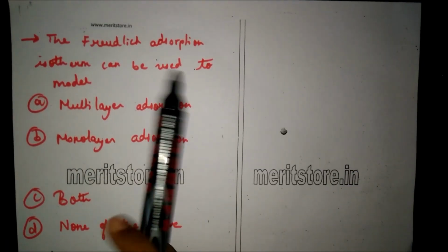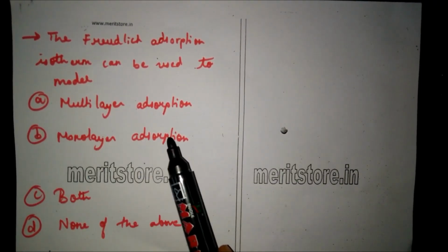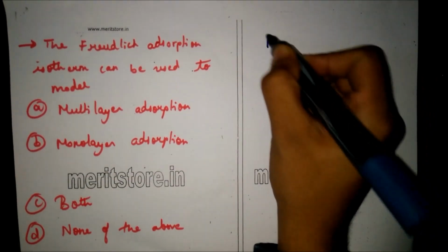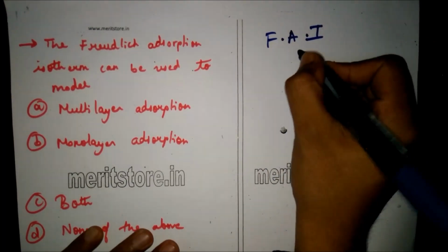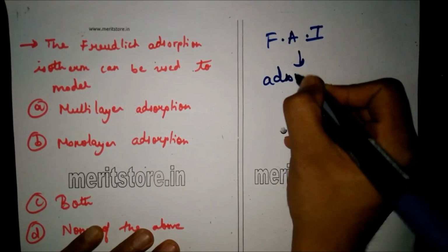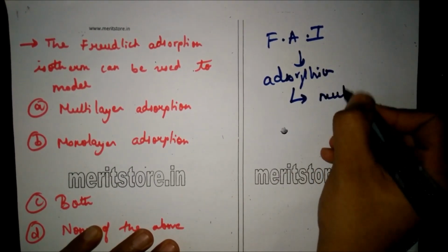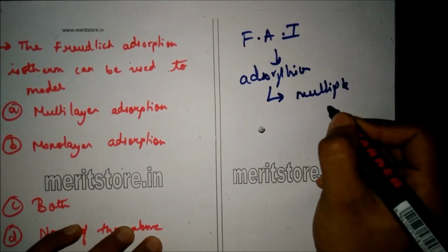The Freundlich adsorption isotherm can be used to model: A, multilayer adsorption; B, monolayer adsorption; C, both; and D, none of these. Now, Freundlich adsorption isotherm is used to express the adsorption of multiple layers of the adsorbate on the surface of the adsorbent.